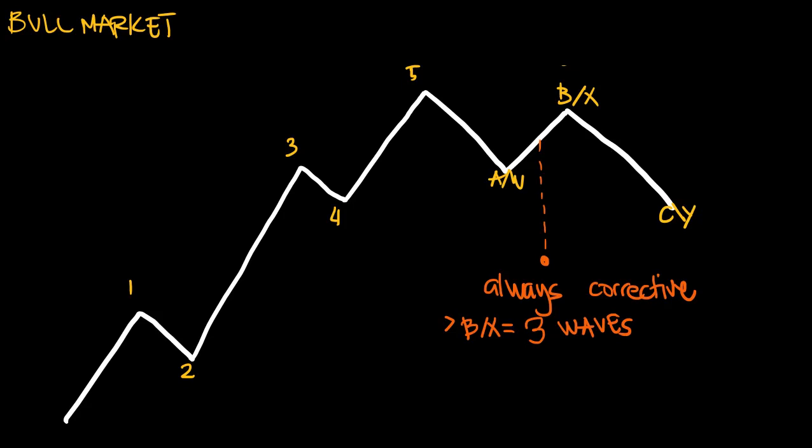It can also be observed that all wave B and all wave X's are in the same direction as the motive wave, meaning inside a bull market, this corrective structure is pointing upwards.